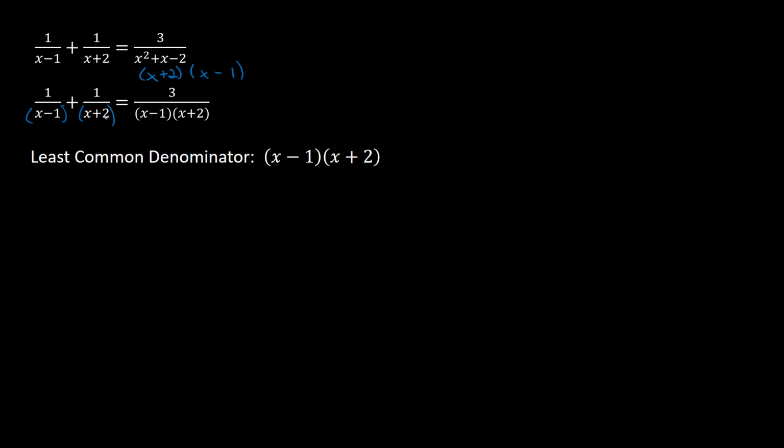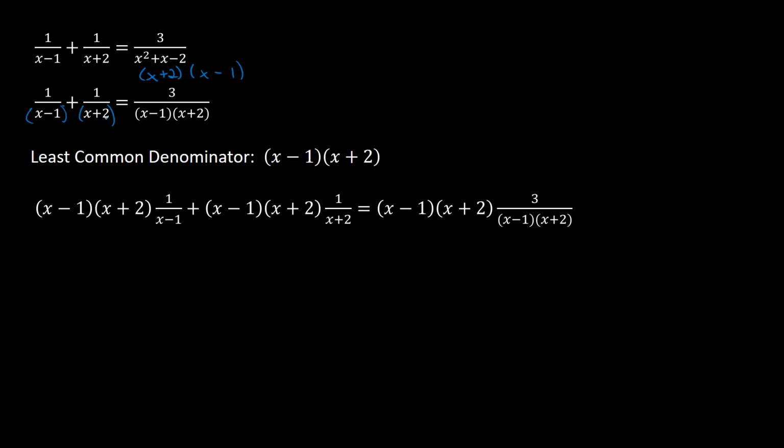So our least common denominator would be x minus 1 times x plus 2. So I'm going to multiply everything by x minus 1 times x plus 2. So it looks like a mess, but things are going to cancel pretty quick. So the first part, the 1 over x minus 1, x minus 1s will cancel. Right here, x plus 2s will cancel. Right here, both x minus 1 and x plus 2 will cancel.